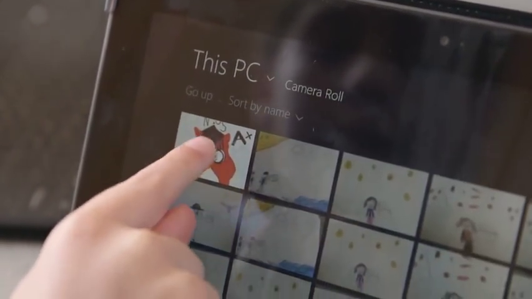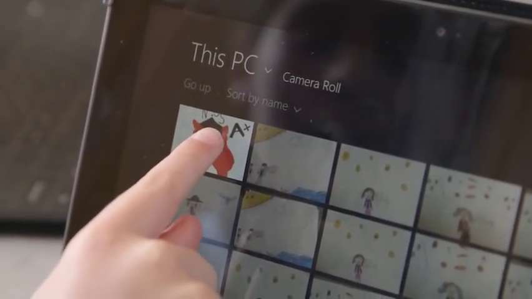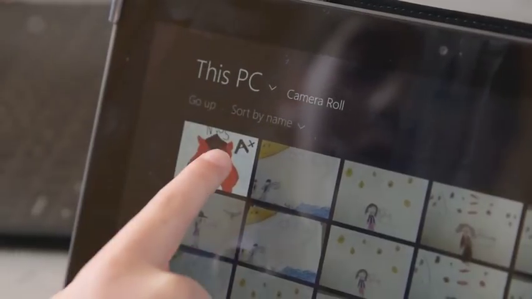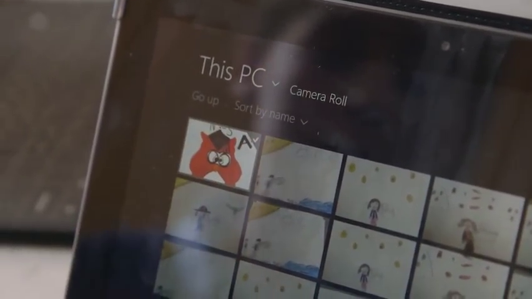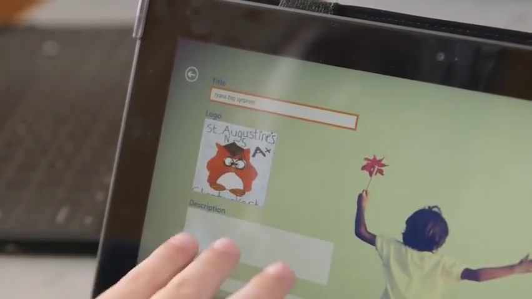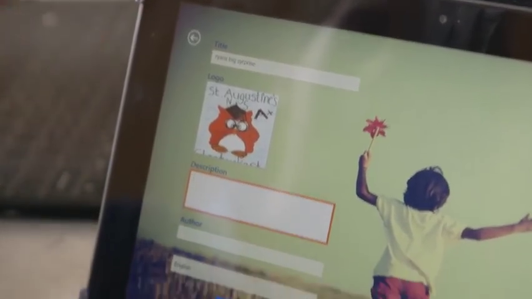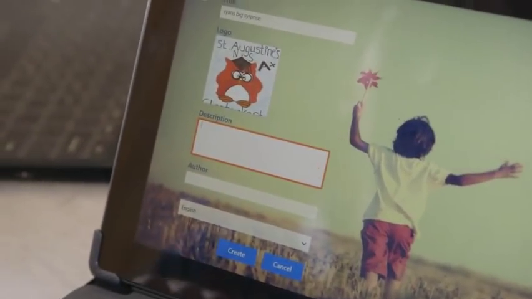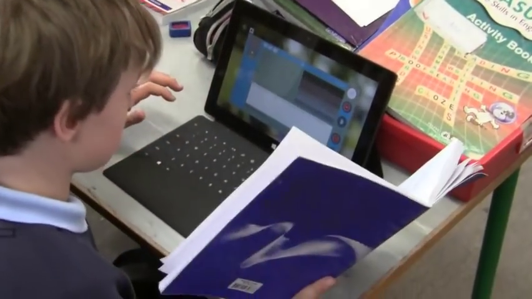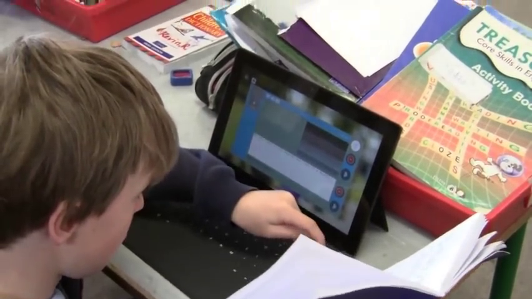So Miss Murray, we got a picture and we took a picture of it on our surface. So I'm going to tap into it and press open. It's going to come up here and that's our school logo. And then description is how we type in what's our story about. So have you saved it?